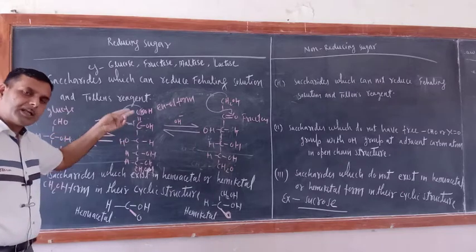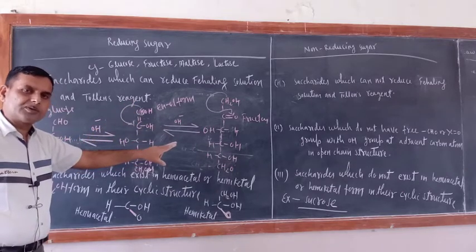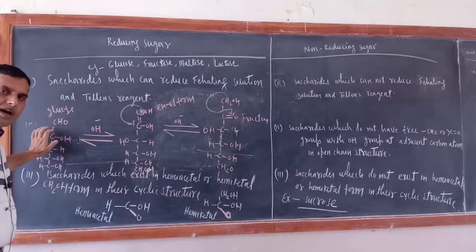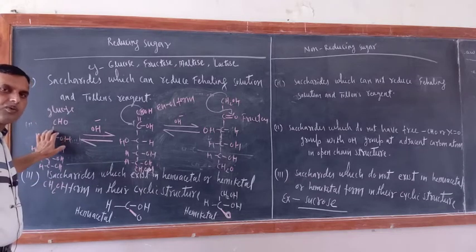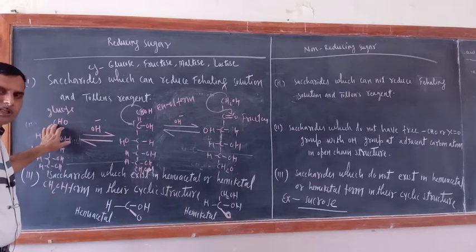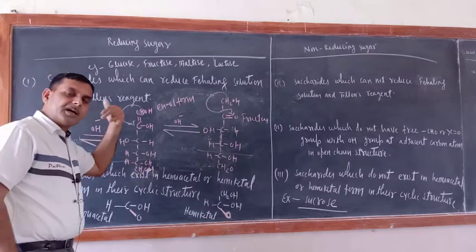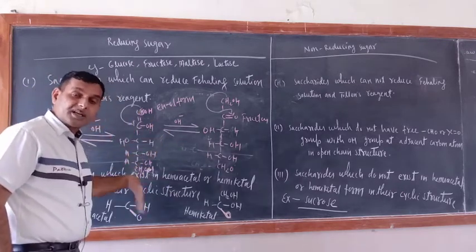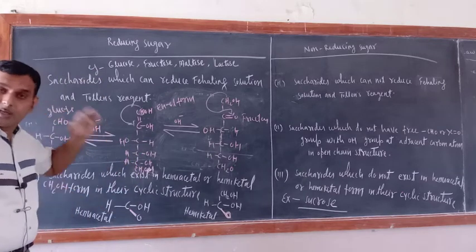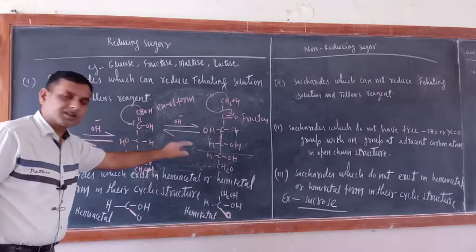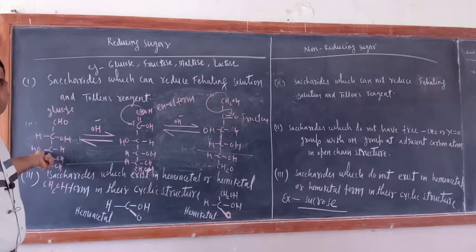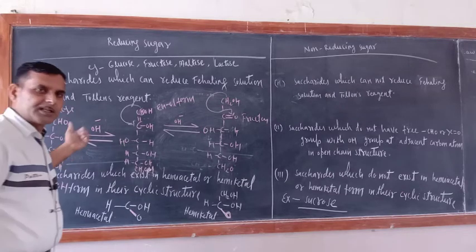So in the dilute alkaline solution of fructose, some percentage of glucose will also be there, and you know the glucose has an aldehydic group. That is why fructose reduces Tollens' reagent and Fehling's solution. This is the reason.